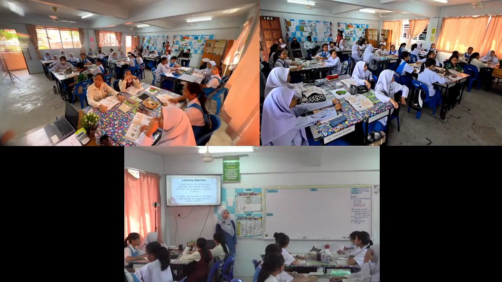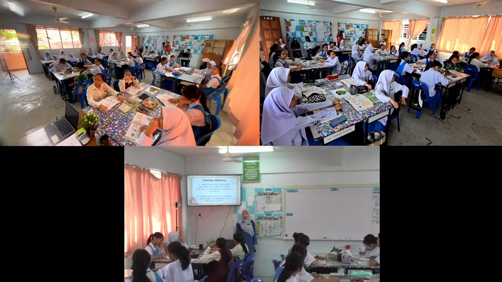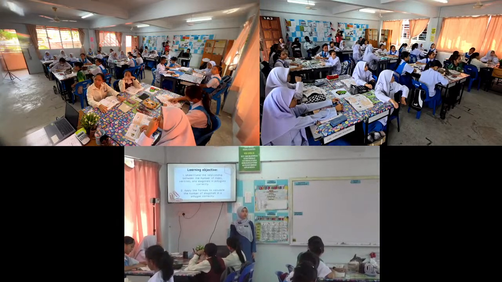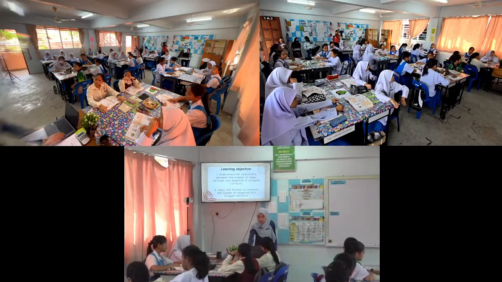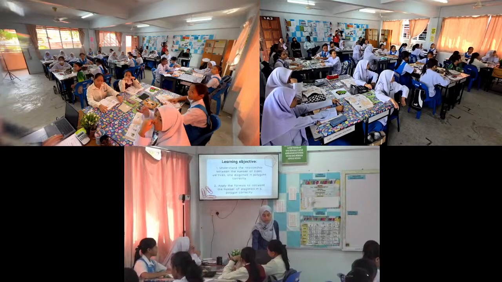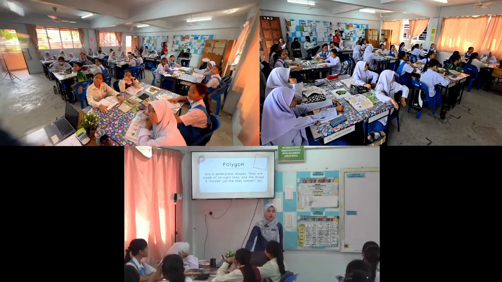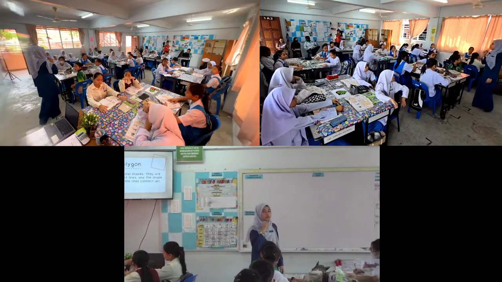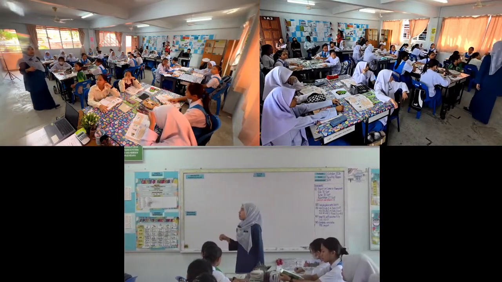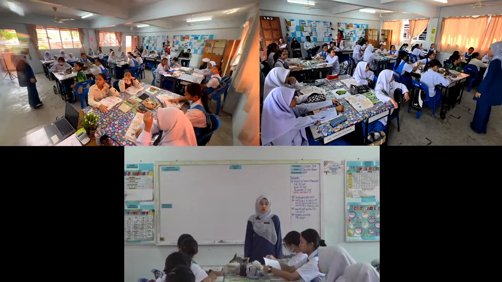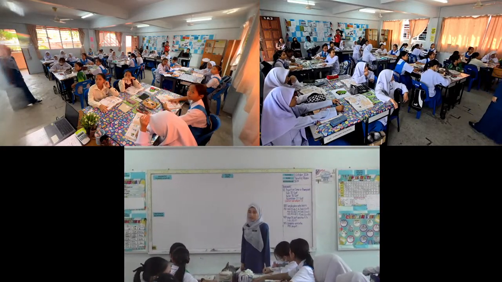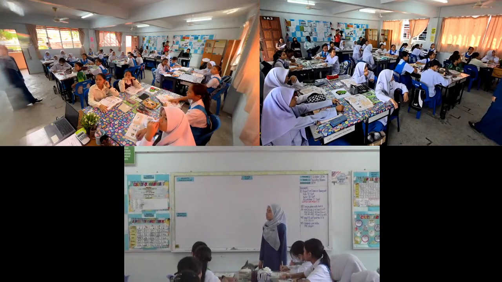So, okay, before we go into our Chapter 9, let us find the meaning of polygon first, okay? Alright, polygon. So just now, all the shapes that you saw are two-dimensional shapes, made of straight lines, and the shape is closed.